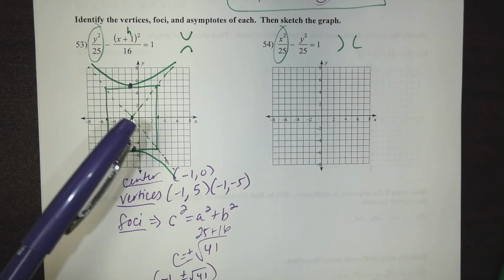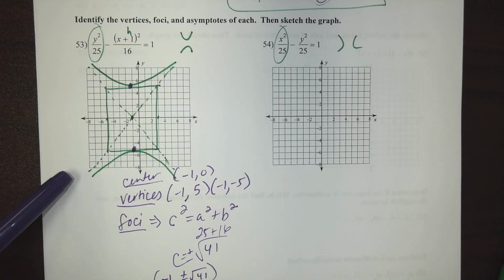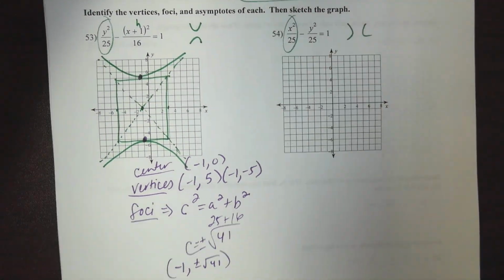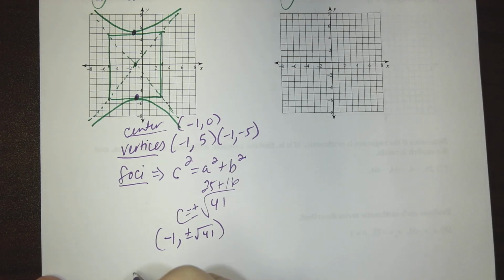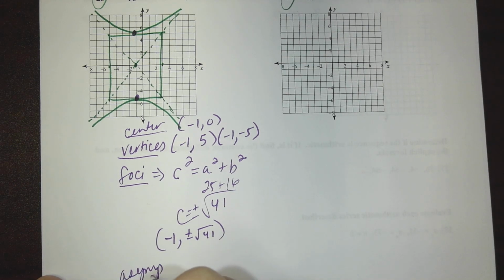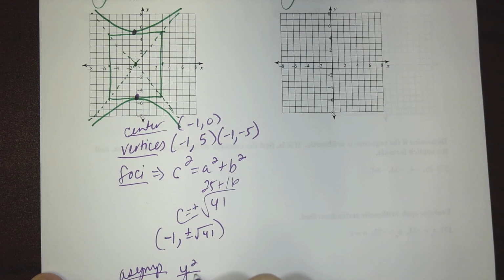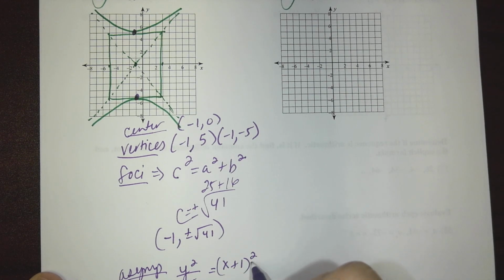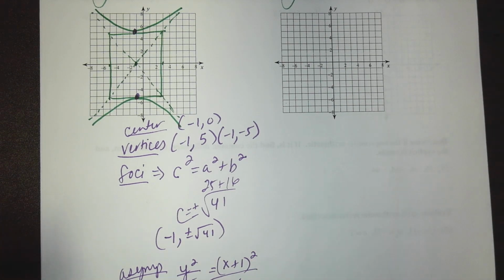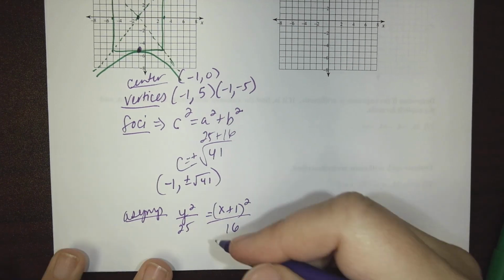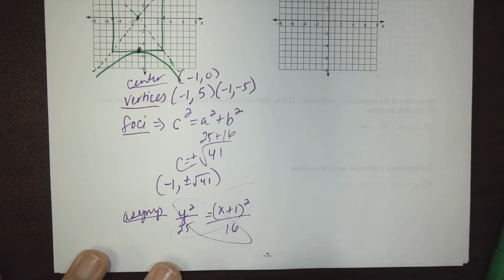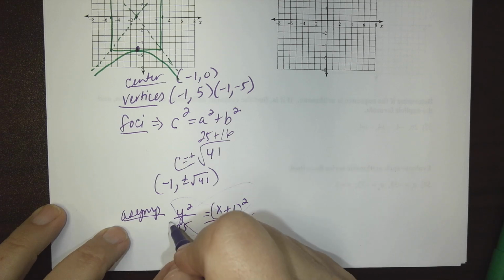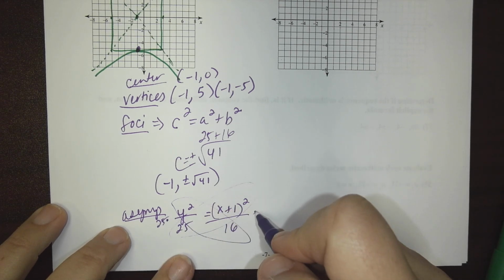And then it asks us to find asymptote equations. To find asymptote equations, remember you set these two fractions equal to each other. So I'm just going to set y squared over 25 equals x plus 1 squared over 16. Don't worry about the negatives or anything. And then you just want to get y by itself, so let's just multiply by 25.